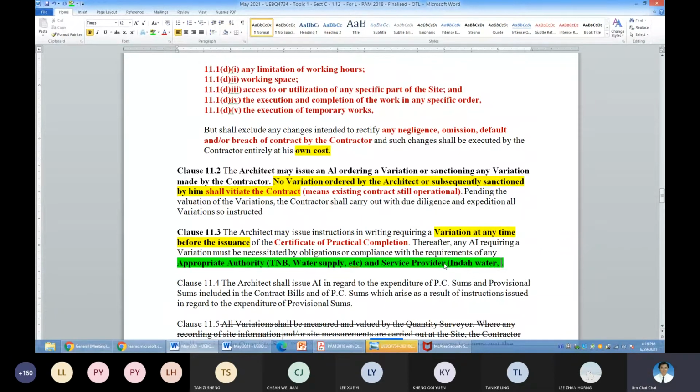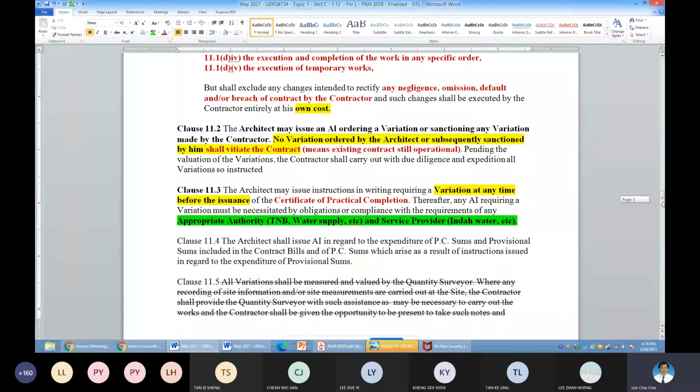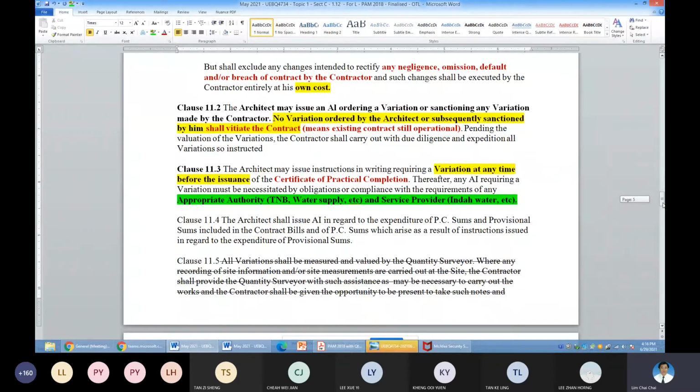So these are two areas where a VO can be issued after CPC. If I ask the question, can an architect issue a VO after CPC? The answer is yes and no. Yes is for this appropriate authority and service provider. No for the existing work.